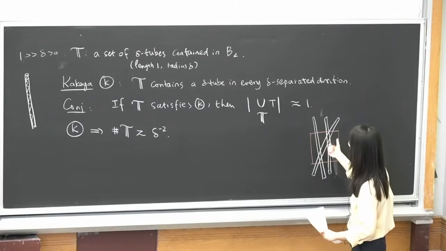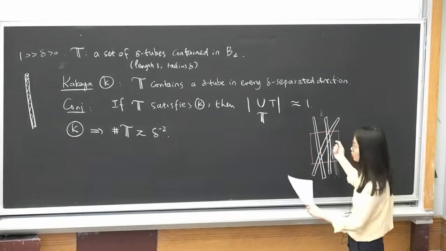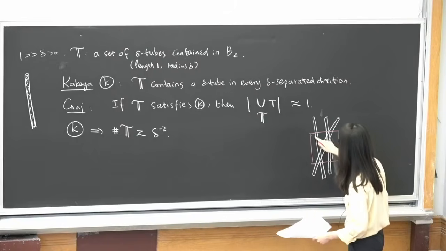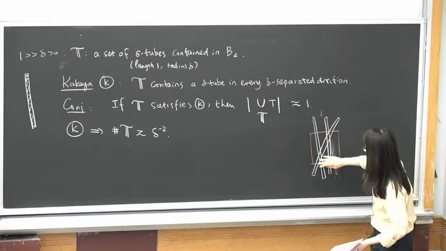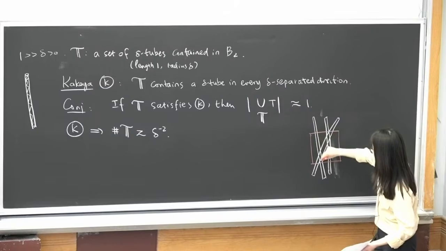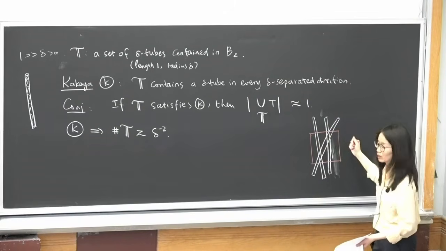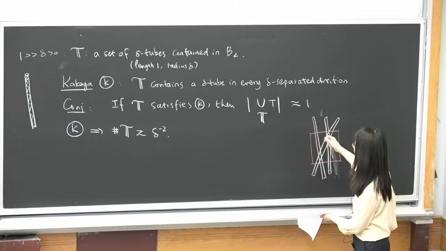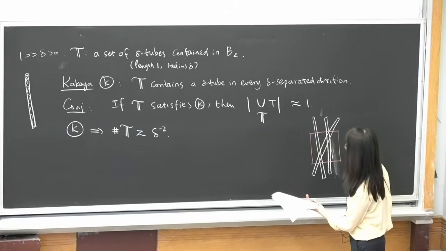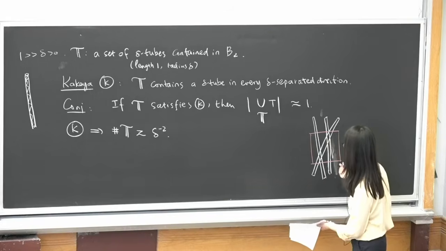We say that we know what happens in the smaller box, and we want to know what happens in general. But if we cover it by smaller boxes, there is no reason why those segments still have separate directions, and also no reason that in every separate direction we have a tube.